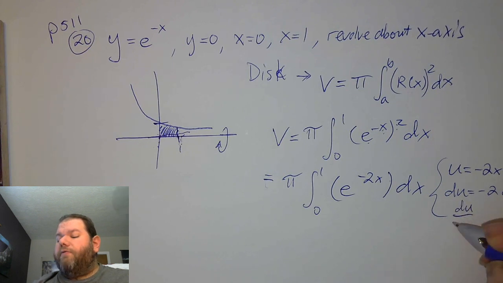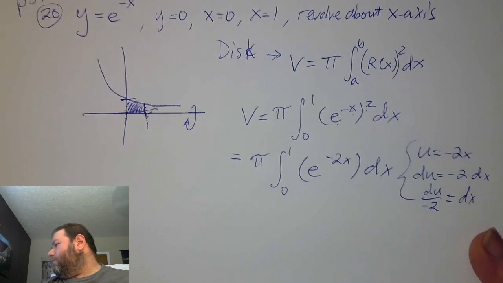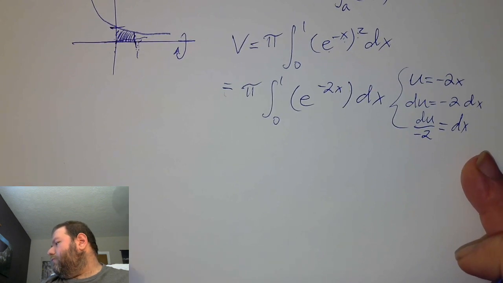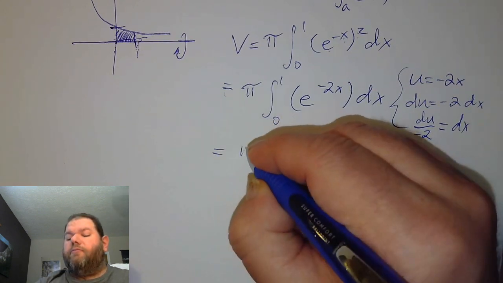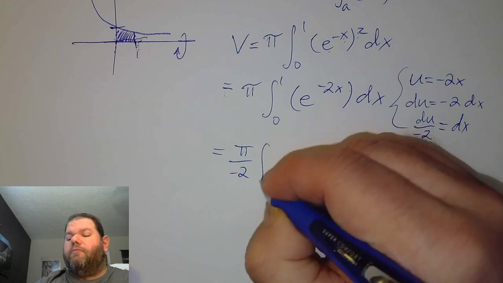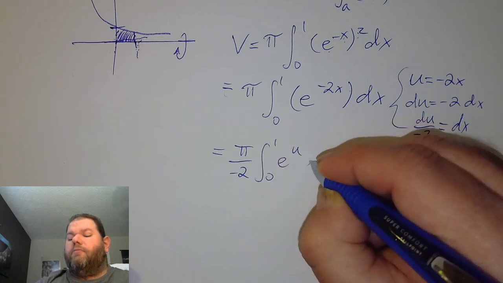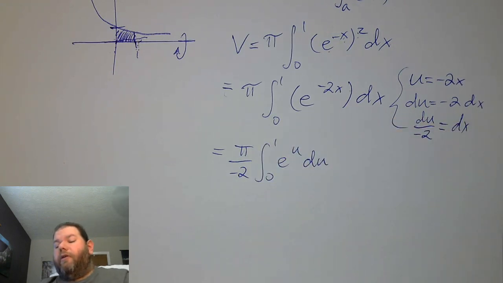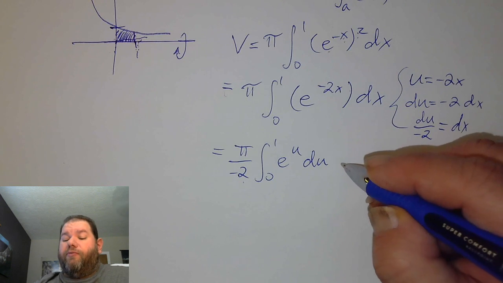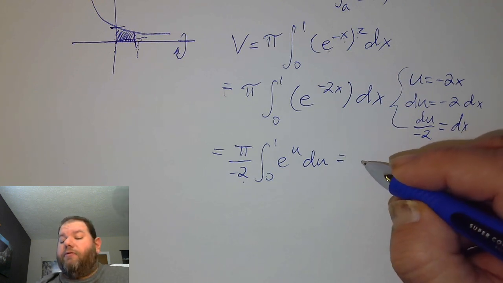Or we can say du over negative 2 equals the dx, or replaces the dx. Okay, so we end up with an extra negative 2 in the denominator. We'll move that outside with the pi. So we just have e to the u du being integrated, which we know is just e to the u.